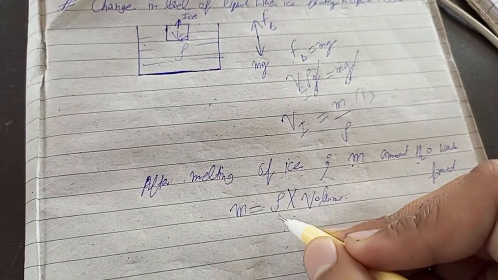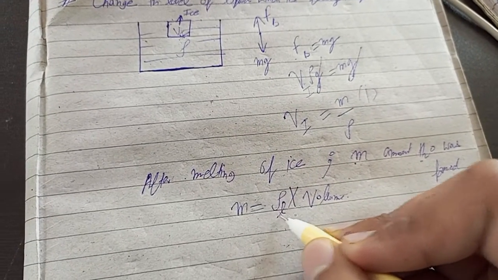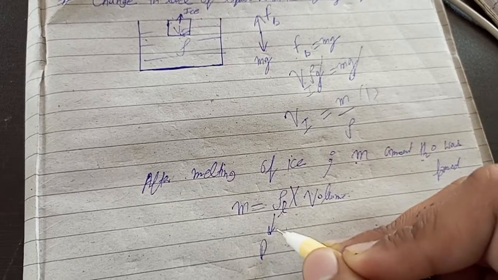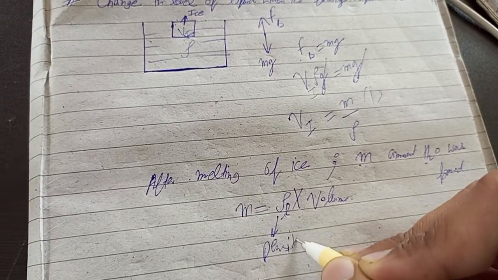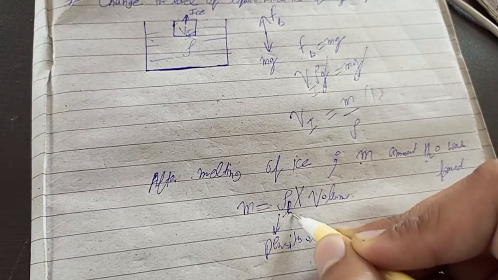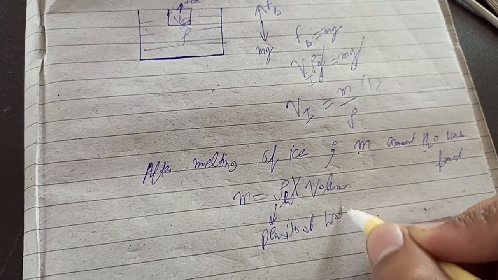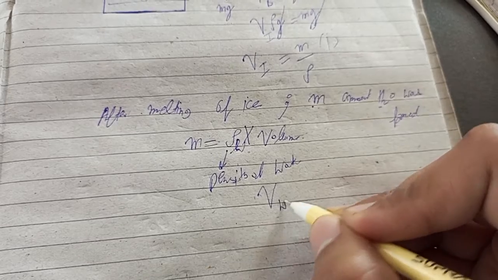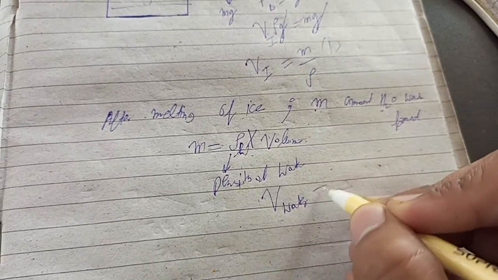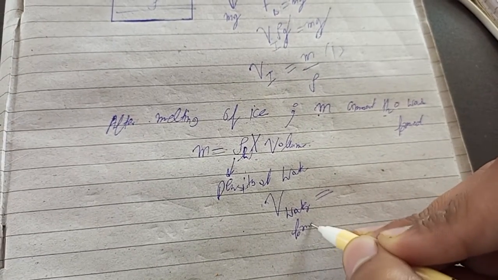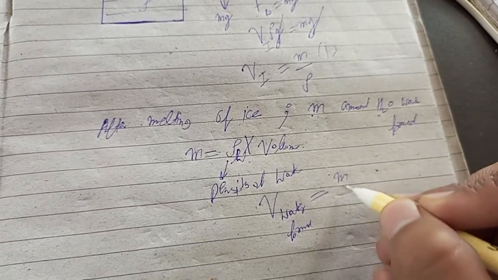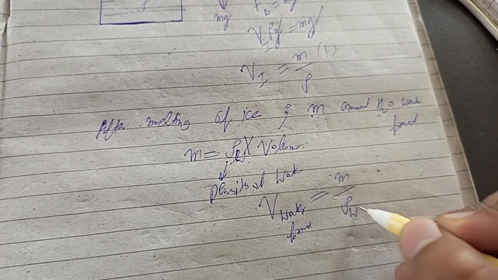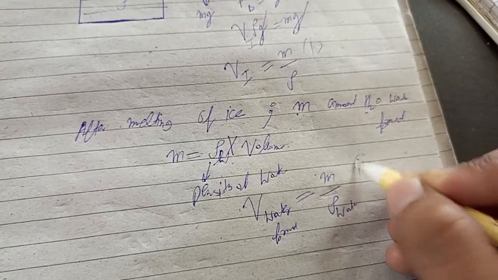Here rho W means density of water. So I can write volume of water formed, Vw, equals m upon rho W. It is equation number 2.